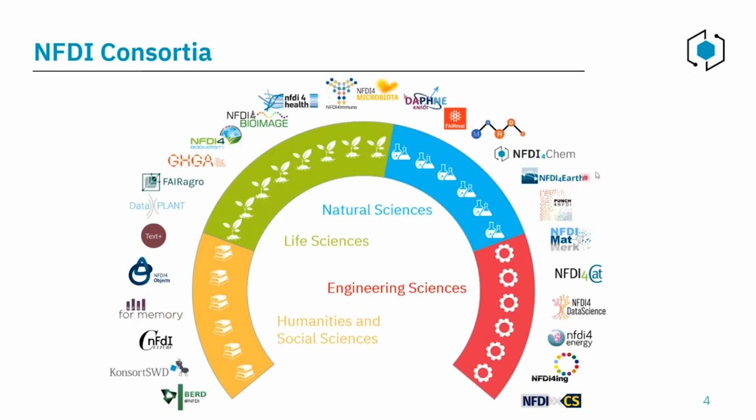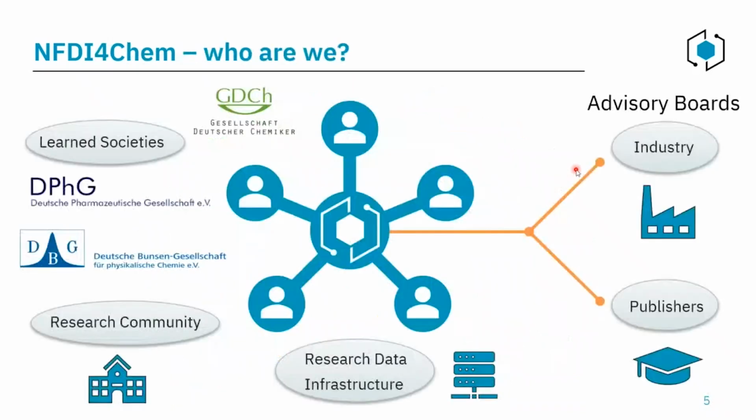We have engineering sciences. With some consortia we collaborate on some topics more because we have common data types, for example, and with some consortia we collaborate less. So for example, with NFDI for CAP we obviously have a lot of overlap. They deal with a lot of process chemistry side of things, so we have a lot of common stakeholders.